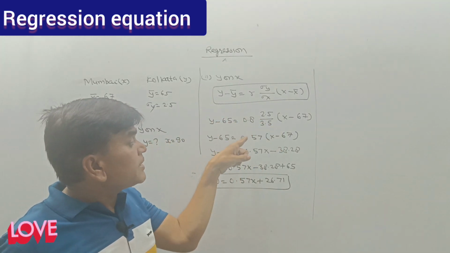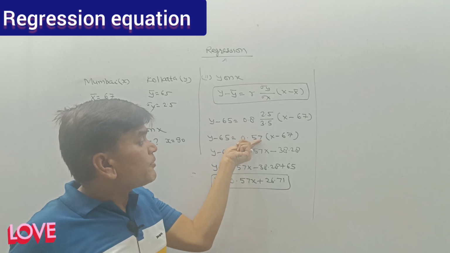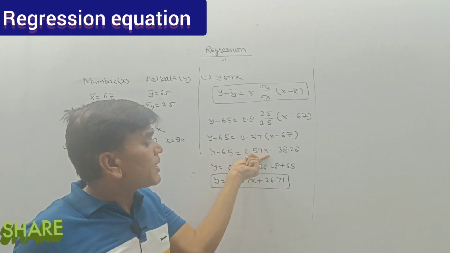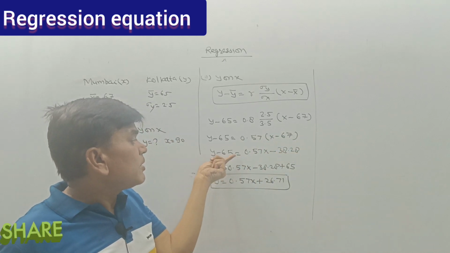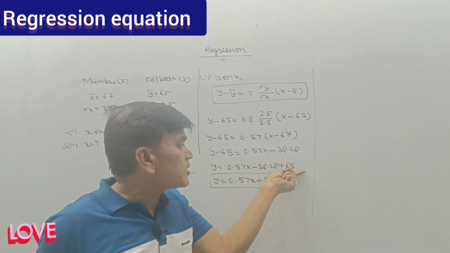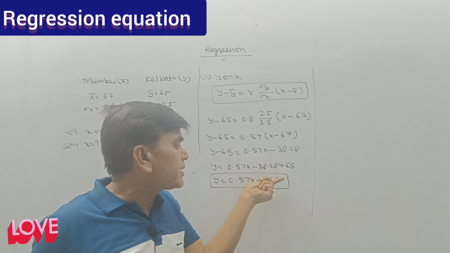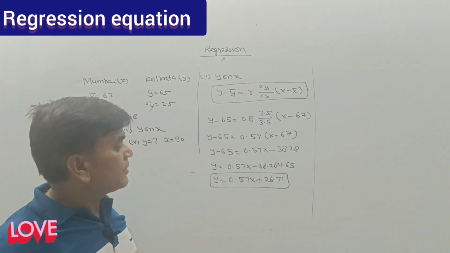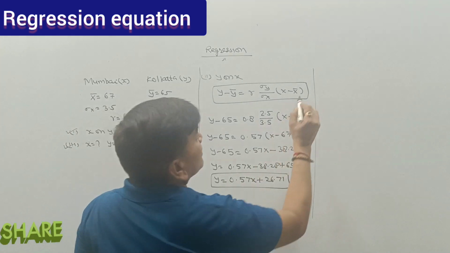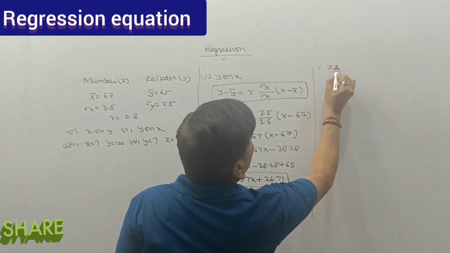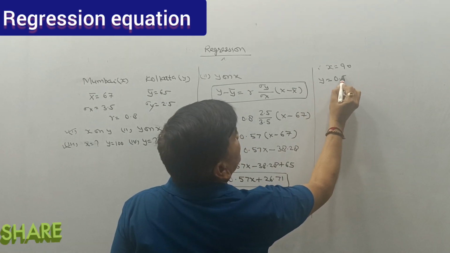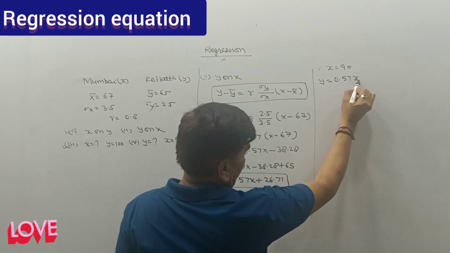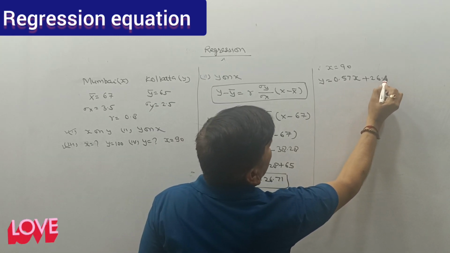By calculating, this is 0.57, so 0.57 multiplied by x, that is 0.57x, and 0.57 multiplied by 67 is this value. Minus coming here becomes plus, so 65 minus 38.28, that is 26.71. Okay, now the x value is given as 90.